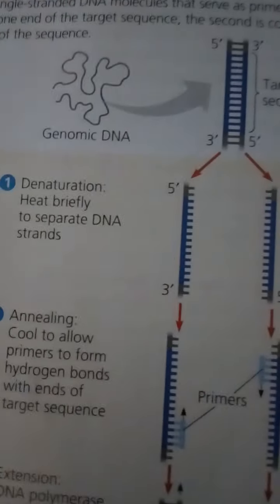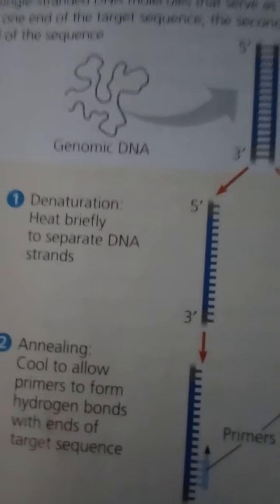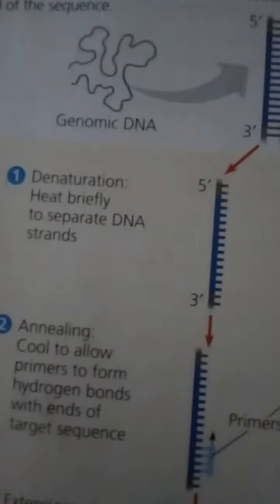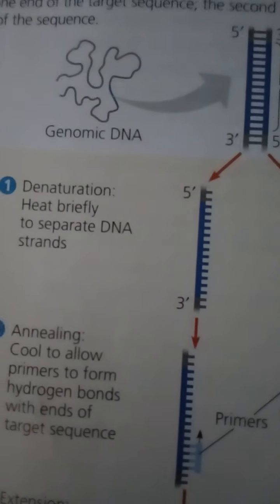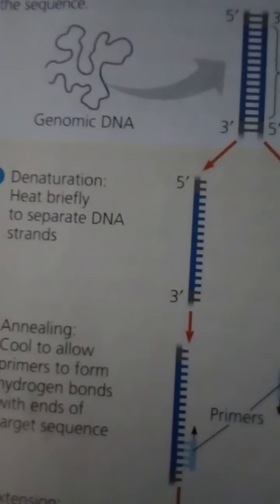Scientists have developed a variety of methods of introducing recombinant DNA into eukaryotic cells. One is electroporation.